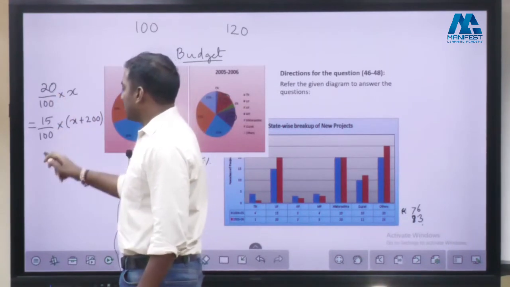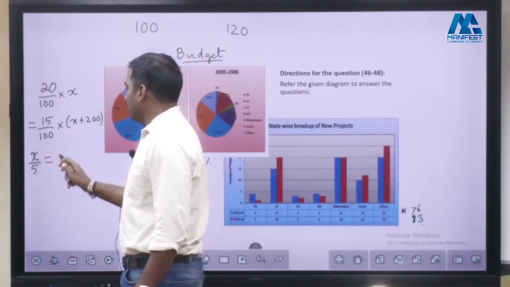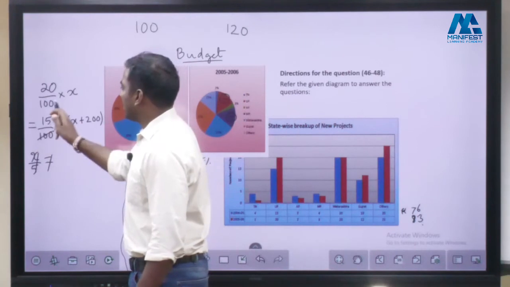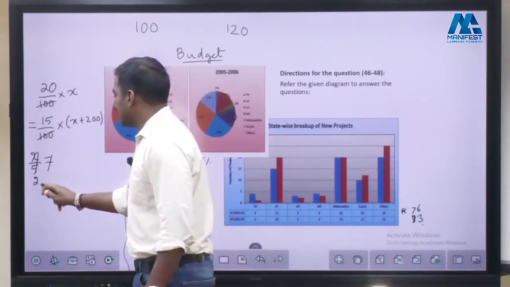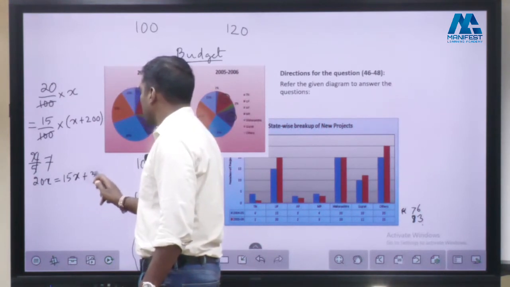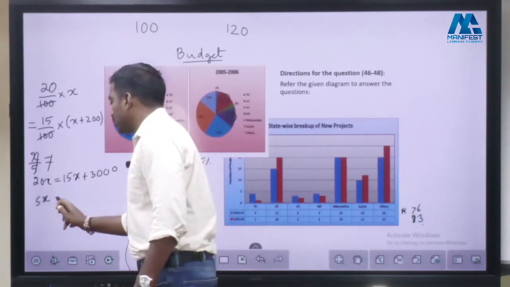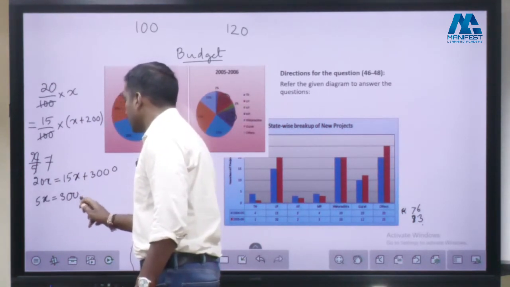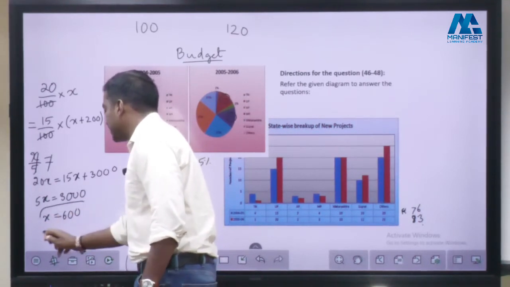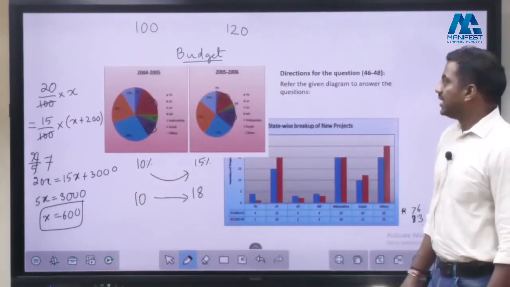So 20 by 100 is 1 by 5, X by 5 is equal to 15 by 100 of X plus 200, or simple, you cancel this 100. 20x is equal to 15x plus 3000. So difference between 20x and 15x is 5x is equal to 3000. X is equal to 600. So budget outlay in the first year was 600 crores.